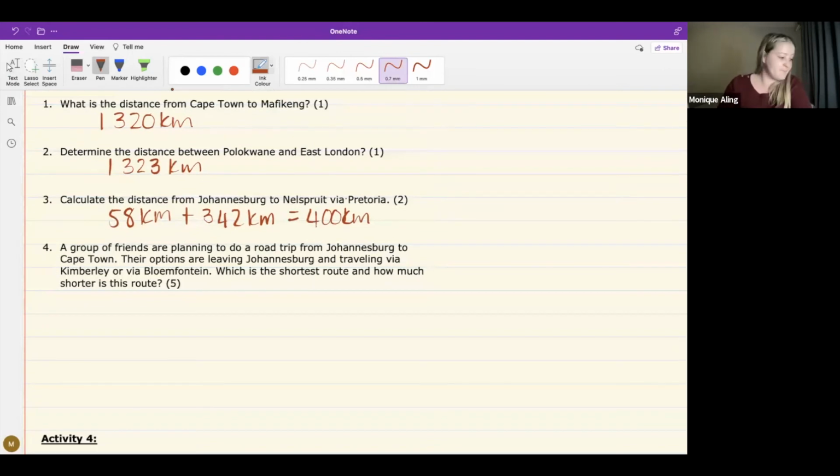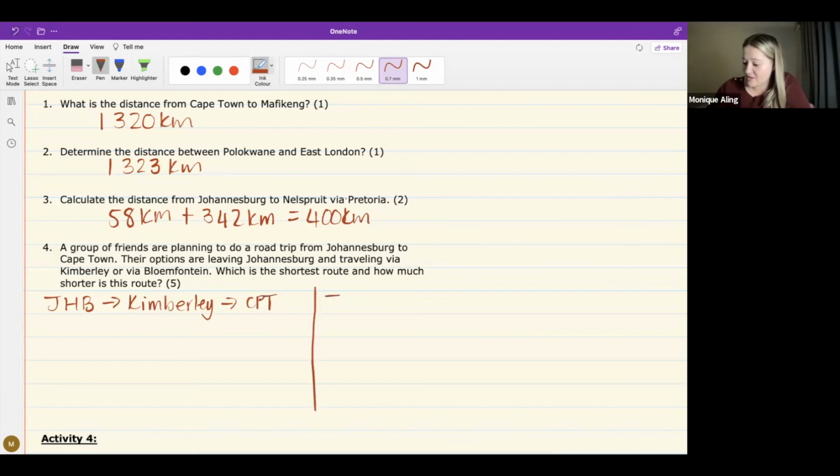It's going to be Joburg to Kimberley to Cape Town. That's option 1. Option 2 is Johannesburg to Bloem to Cape Town. So we need to work out those two distances. I'm going to give you guys a couple of minutes to try those two and to figure out which one is the shortest.